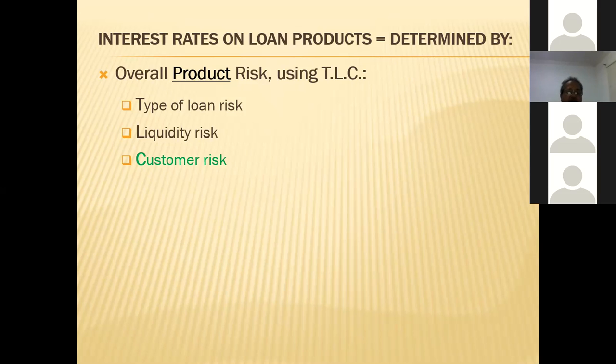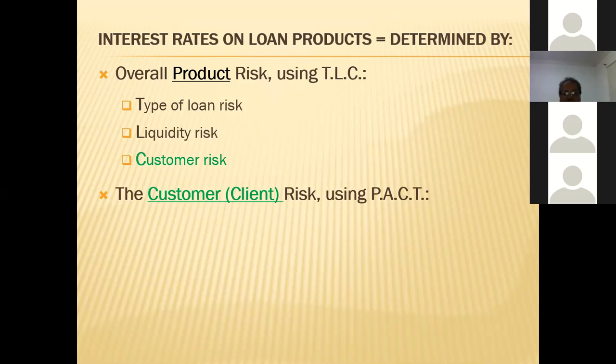When we consider the customer risk, there are four things that we look at, and that is where we get PACT. The first item, P in PACT, is the purpose of the credit facility. What is the client borrowing the money for?